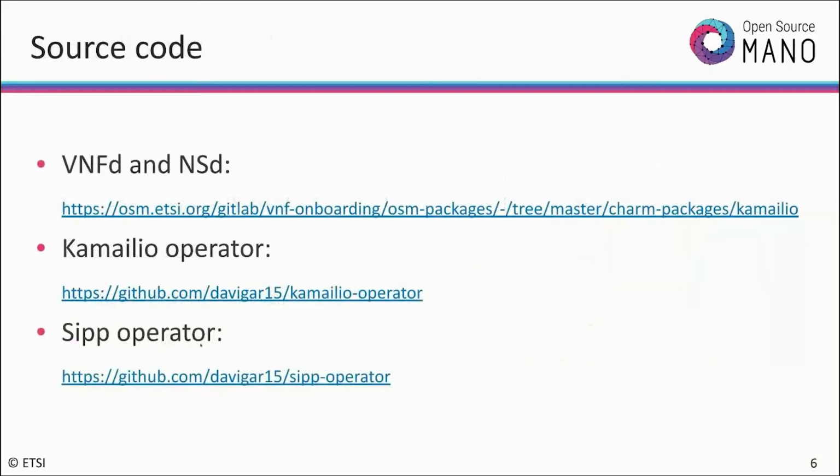So where can you find the source code for these descriptors and the operators that will be in charge of deploying Kamailio and SIPp? You can find them in these links here, and you can go through the content of those packages and investigate them a bit.